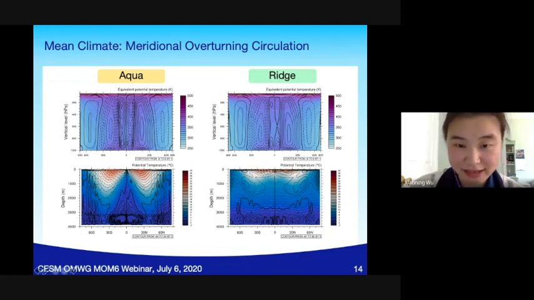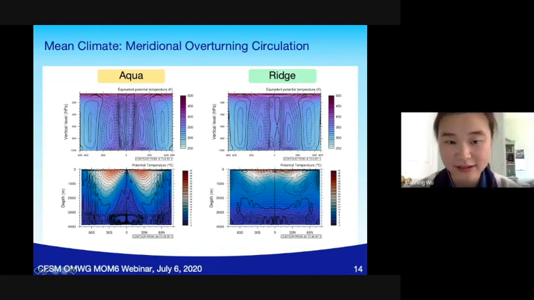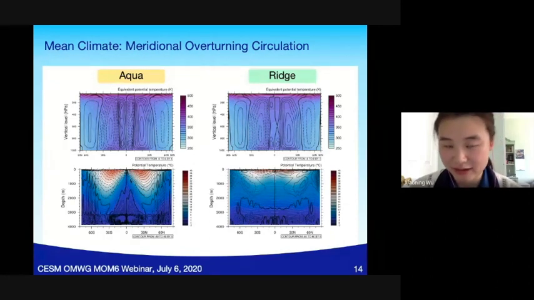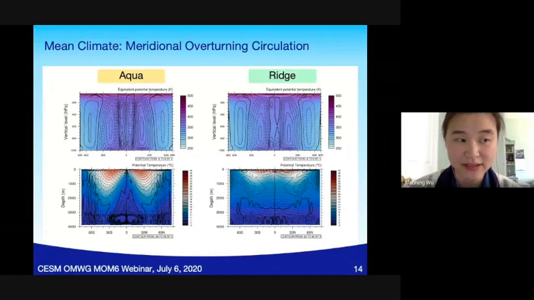Here we are seeing the meridional overturning circulation in the solid and dashed contours, and the color shading underlying both of them is the stratification of the energy, which in the atmosphere scales with the moist static energy, which again scales with the equivalent potential temperature, and for the ocean it's just the potential temperature itself.